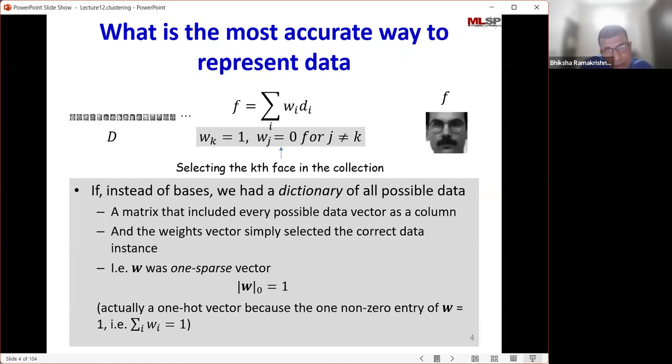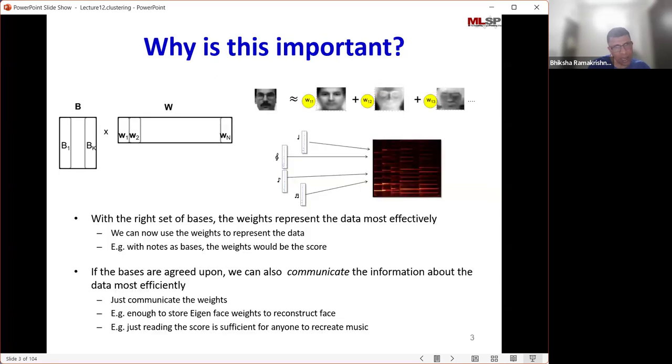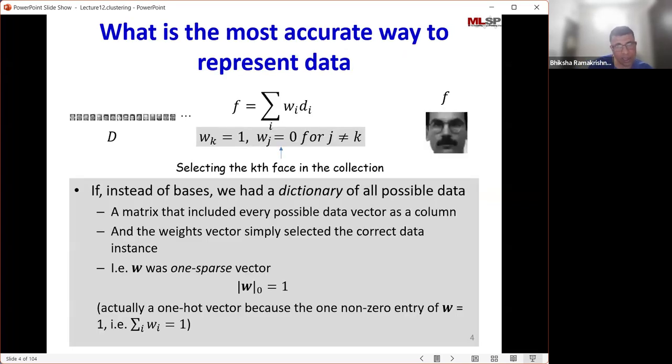Given this, what is the most accurate way to represent data? If I want to have a representation which guarantees that I transmit the least amount of information to you, the smallest set of numbers, and at the same time, you are able to reconstruct everything very accurately, then the most accurate way to represent data is for me to have a dictionary of all possible data.